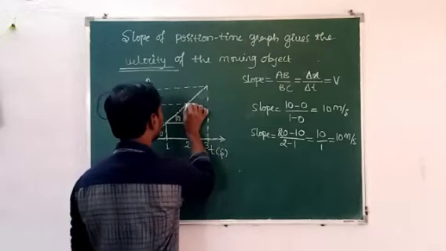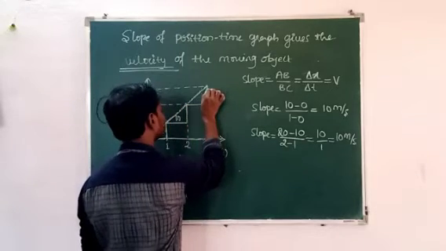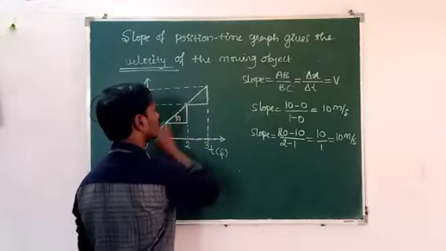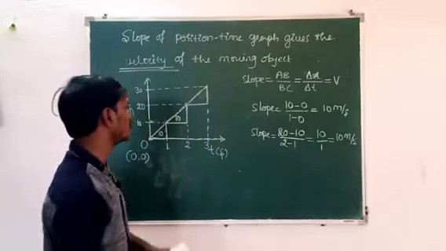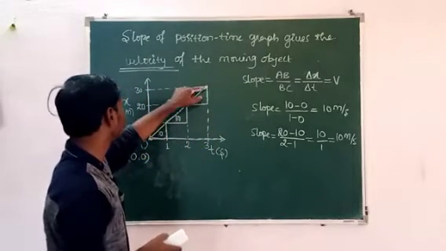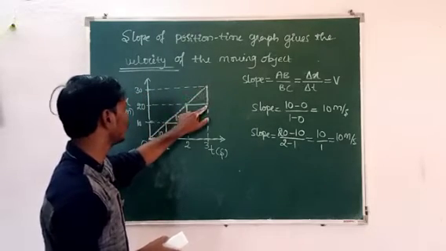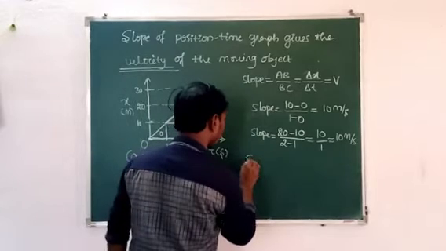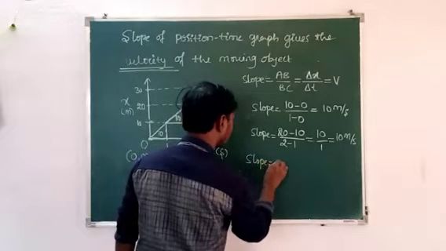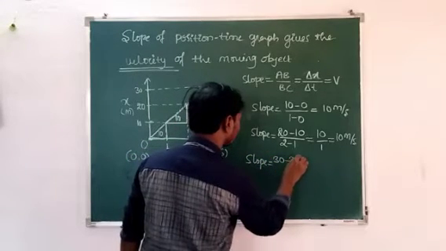Then again I will find the velocity of the object. Then what about velocity of the object here? It is at 30 now. It is at 20 now. 30 minus of 20.